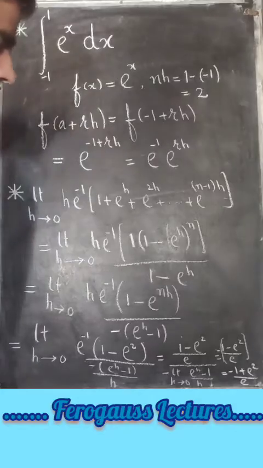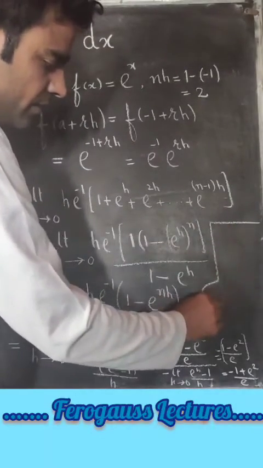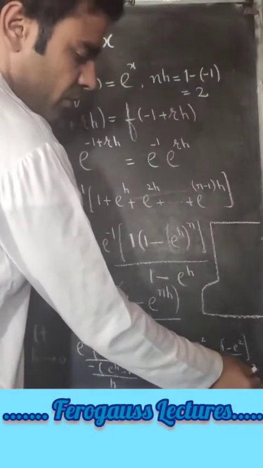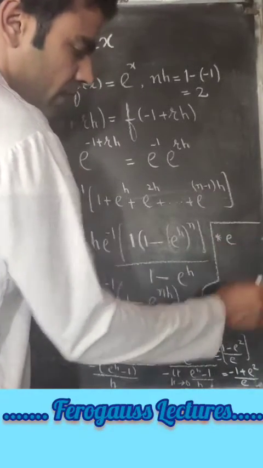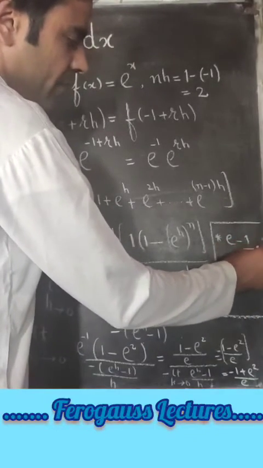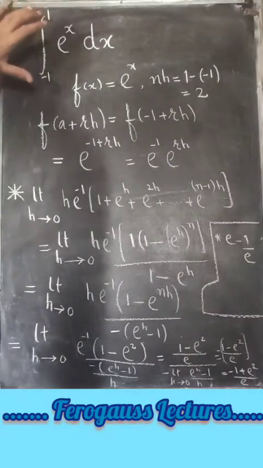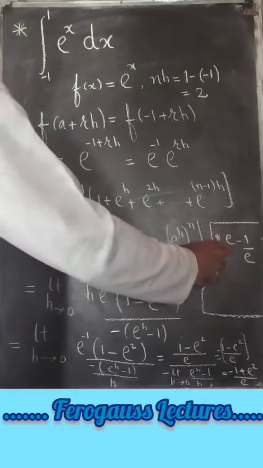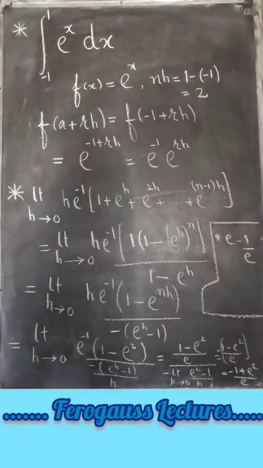Okay, now we write here that's further equal to e raised power 2 divided by e, that is equal to e. Then we have minus 1 divided by e. So that's the answer. Therefore, value of this integral from minus 1 to 1 of e raised power x dx is equal to e minus 1 by e. Okay, that completes the question.